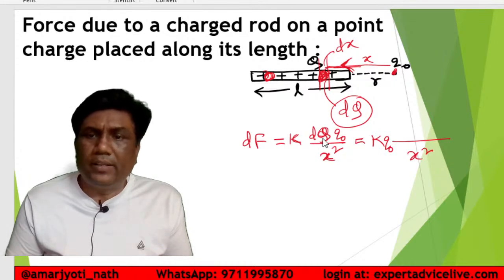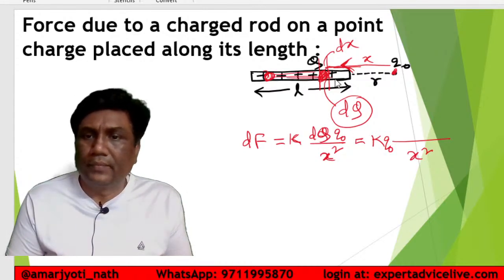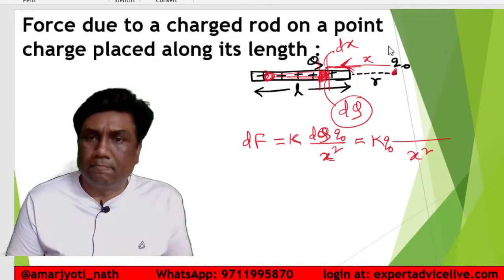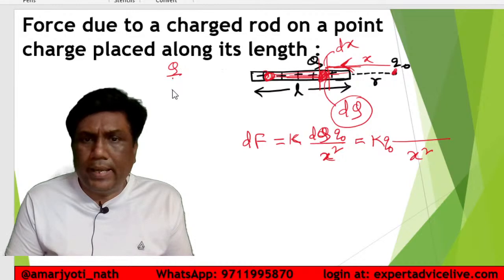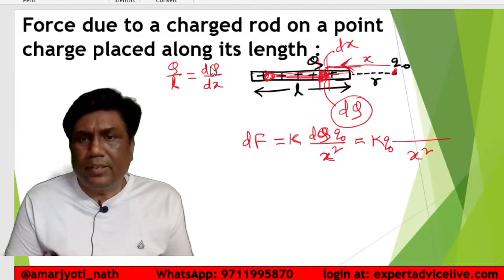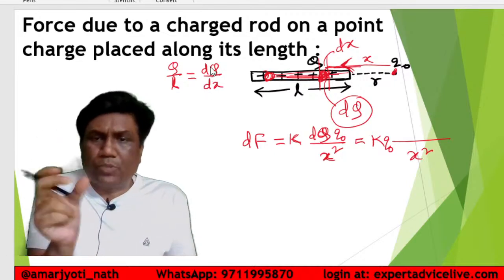The dq part can be written as follows. The density is uniform, so Q by L, the total charge by total length, can be written as dq by dx, because dq is the small charge and dx is the corresponding length.